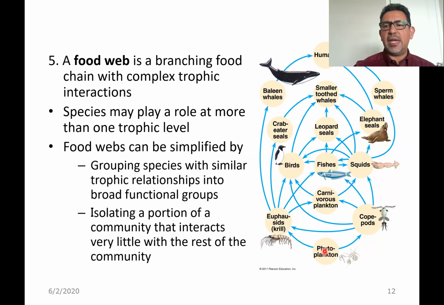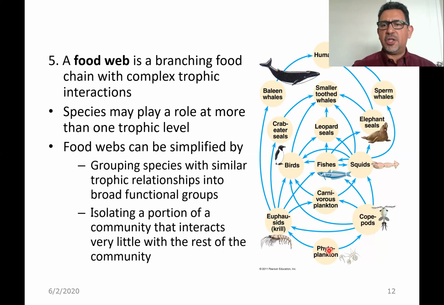If you go from here, from phytoplankton, and you count the arrows and steps up, you can see that the carnivorous plankton can sometimes be a secondary consumer. If the carnivorous plankton then provides food for the squid, what would be the level of consumer for a squid? Let's think about that question.